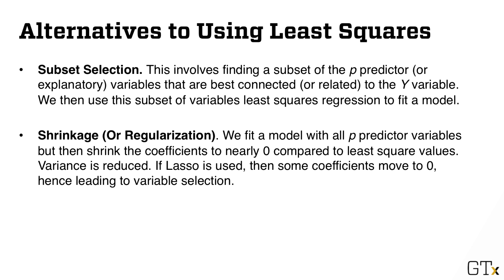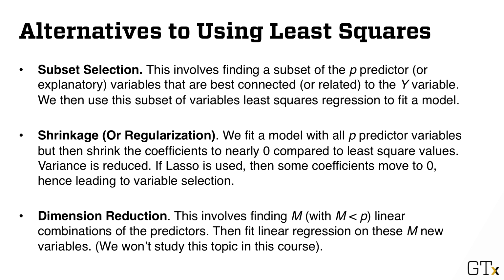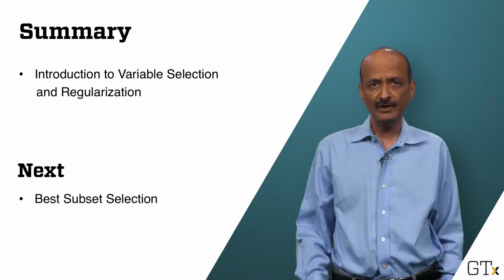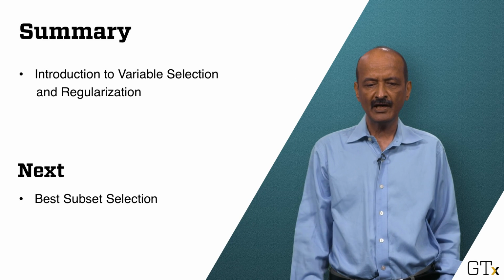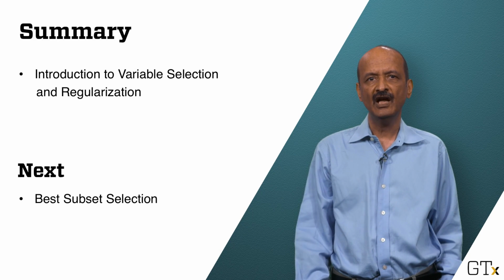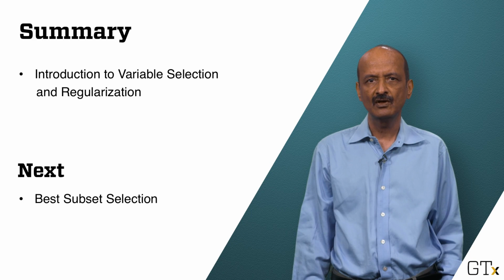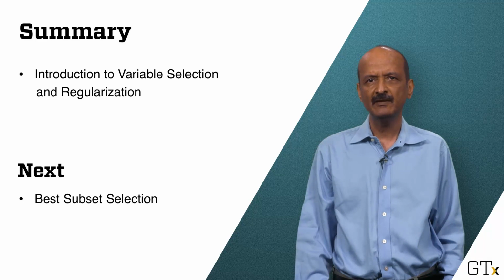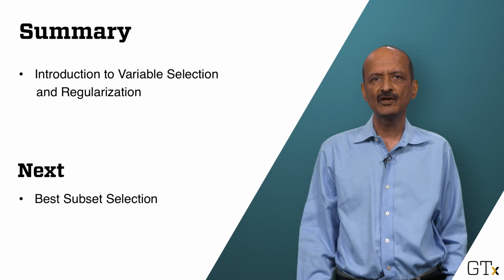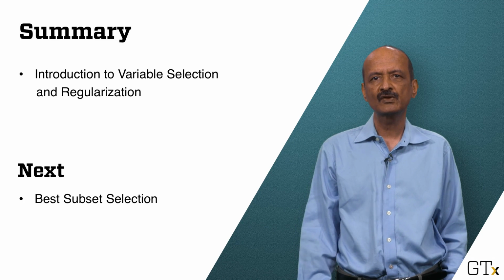If lasso is used, then some coefficients move to 0, which leads to variable selection. Finally, there is dimension reduction, which we will not study in this course, but that basically involves finding m linear combinations of the predictors and then fitting a linear regression on these m new variables. So, in this introduction, we had a quick look at why we need techniques to deal with large number of predictors in some applications. We also had a very quick look at the bias variance trade-off when using a model, let us say ordinary least squares, for prediction.